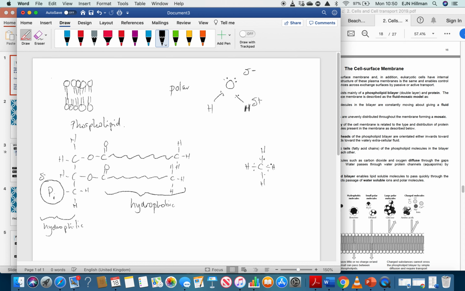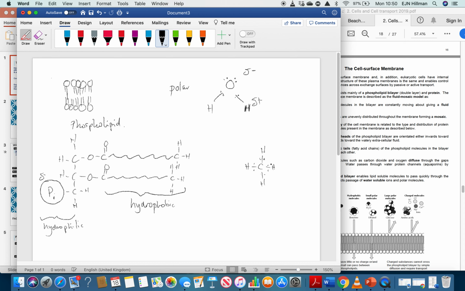Now that's not completely true, but let's use water as an example. Now water can, it doesn't do it very quickly, can just about pass through the membrane. But let's just say, for the sake of argument for now, that because of its polarity, it's unable to.